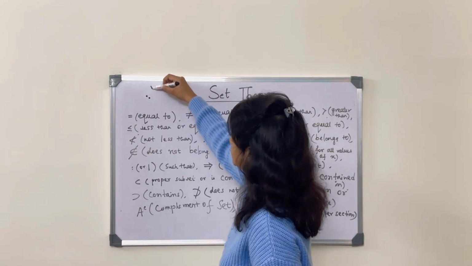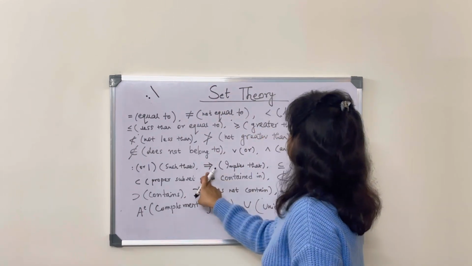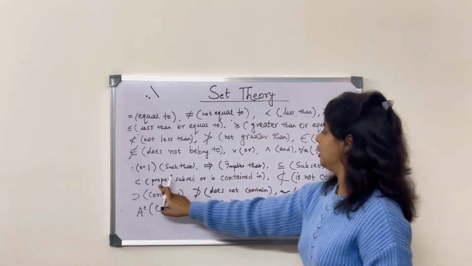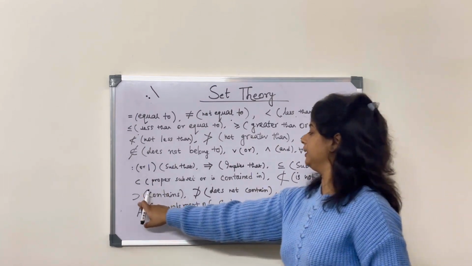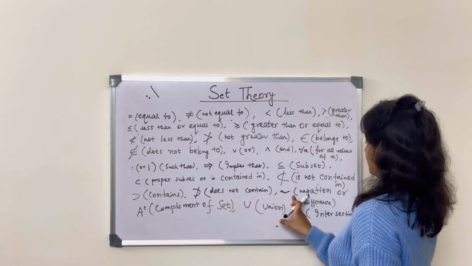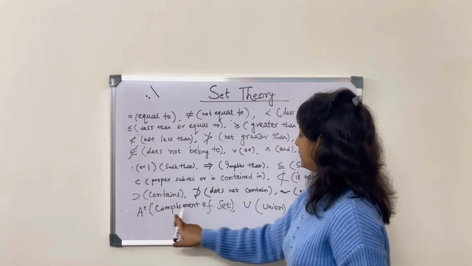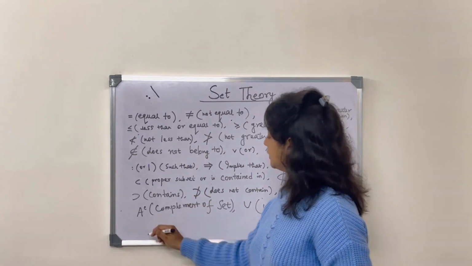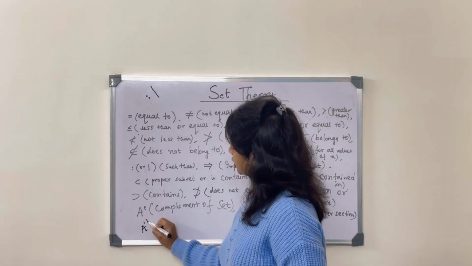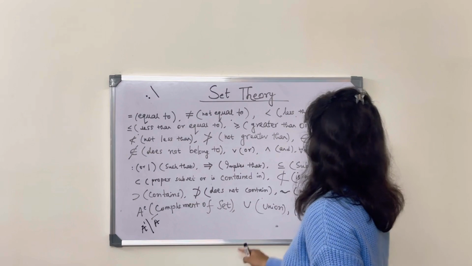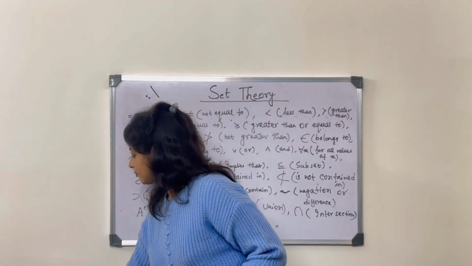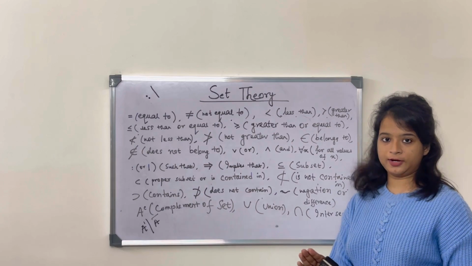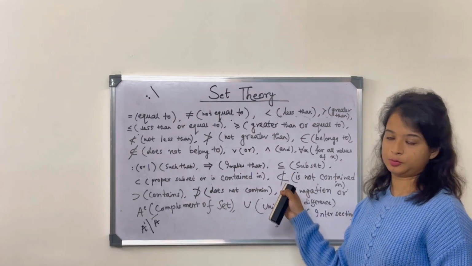We can also use this for such that, okay. Implies that, subset, proper subset or is contained in, is not contained in, contains, does not contain, negation or difference, complement of set. We can denote it by a dash or a bar also, okay. Union and intersection. Okay. So please pause the video and take a screenshot of the notations.